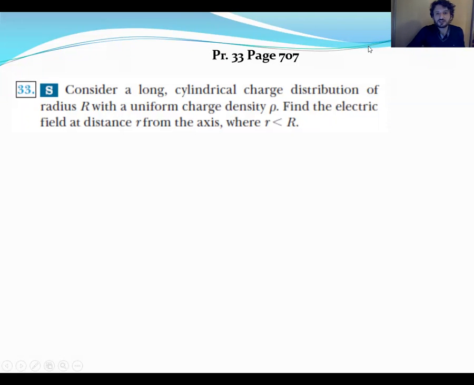Here, another application of Gauss's law. We have a long cylindrical charge distribution of radius capital R with a uniform charge density rho. It means we have a volume charge density, okay?